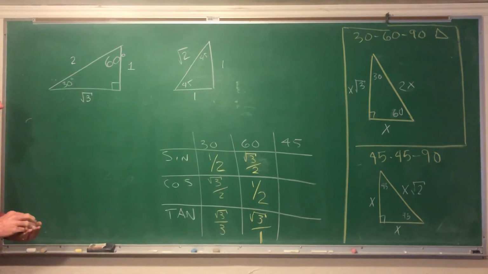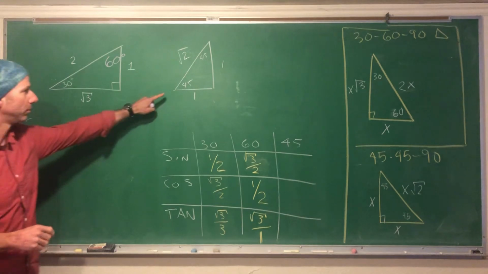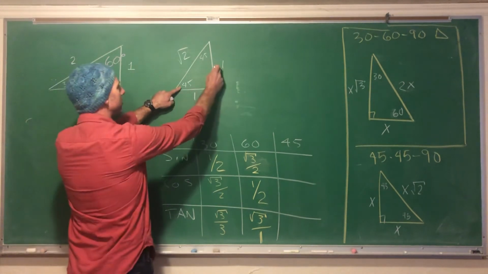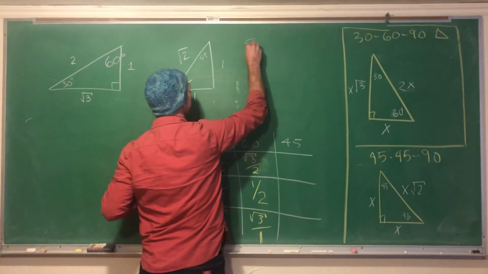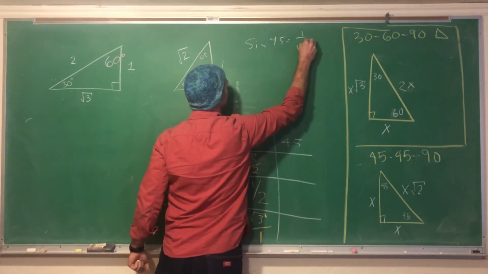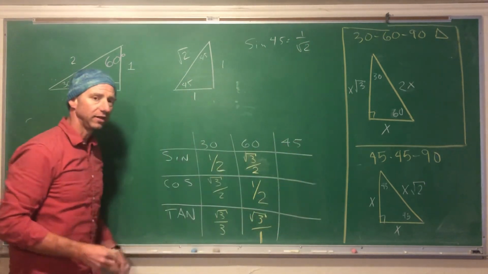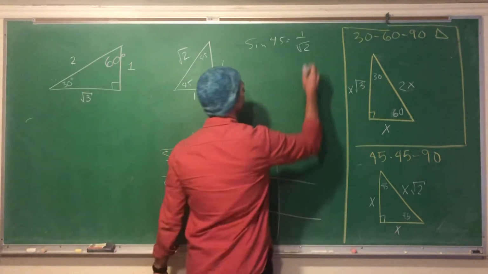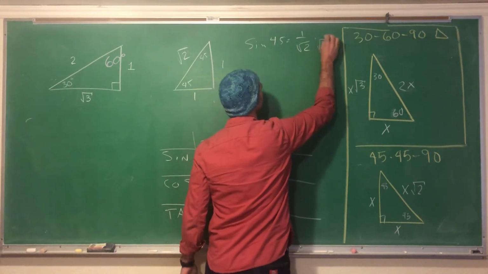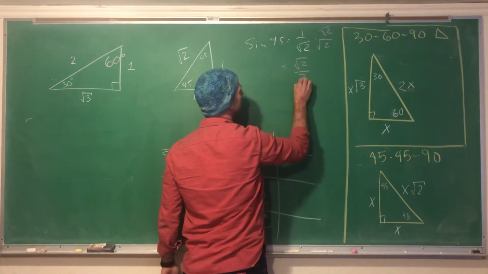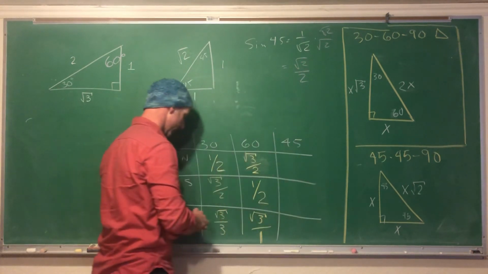So the sine is opposite over hypotenuse. And again, we can't leave a square root in the denominator. We need to rationalize it. We're going to multiply it by root 2. And you get root 2 over 2.